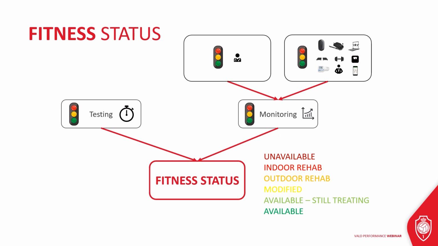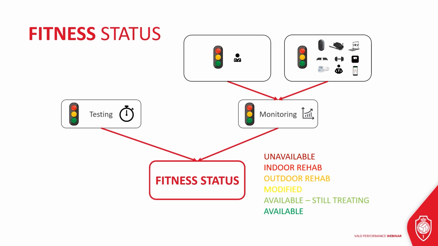For us, a player is unavailable when he's not at a club. For instance, after a head collision, the player has a concussion and has to stay at home for a couple of days to rest and to lay still. So he's unavailable, he's not at the club. Second phase, which is sometimes the first phase, also is the indoor rehab, when the player is in the club, but he's treated, let's say, on the table with the physiotherapist.